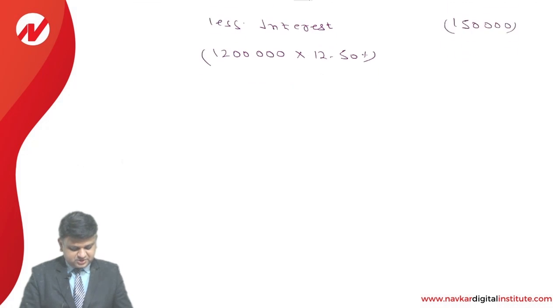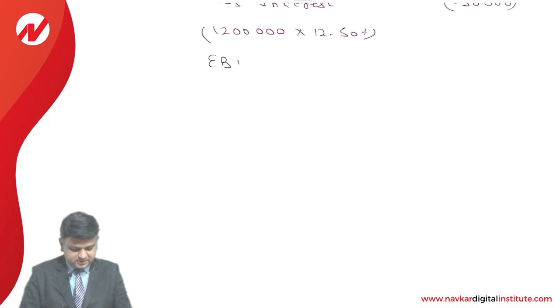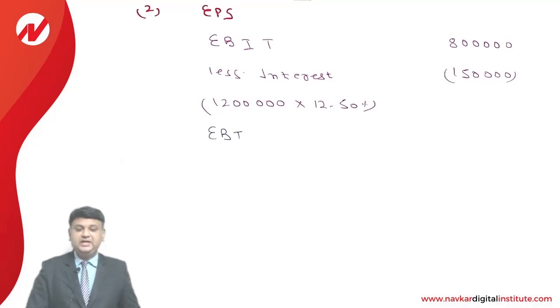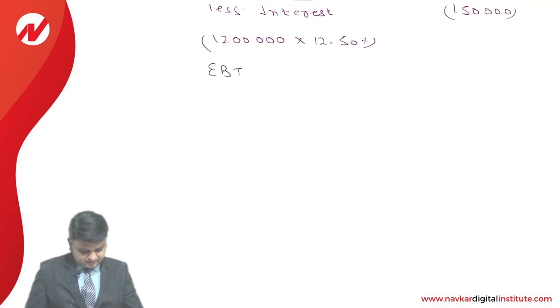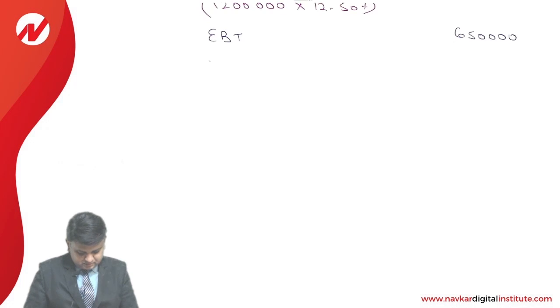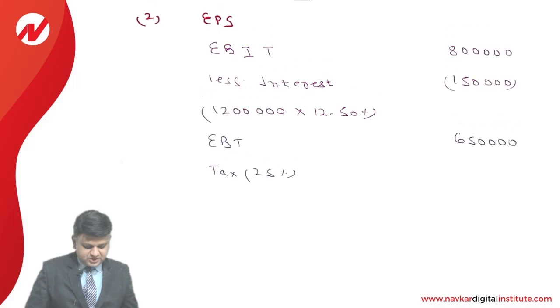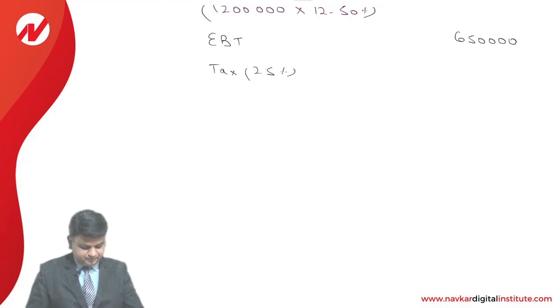EBIT minus interest will give us earning before taxes. So 8 lakhs minus 1,50,000 is 6,50,000. Income tax rate is 25%. So 6,50,000 into 0.25 comes to 1,62,500.